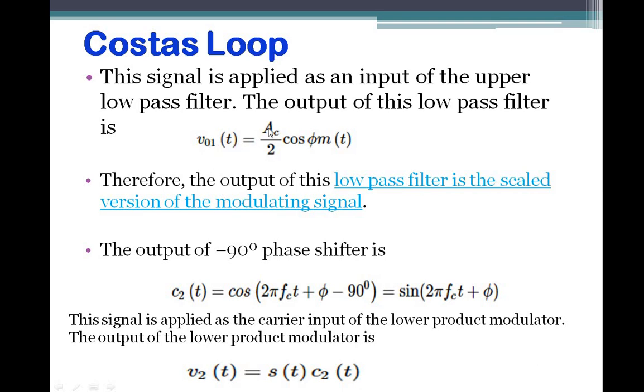V0 of t is equal to Ac by 2 cos phi of m of t. Therefore, the output of this low pass filter is nothing but a scaled version of your modulating signal. Yes or no? This is similar to coherent detection. Okay, now see the second part.